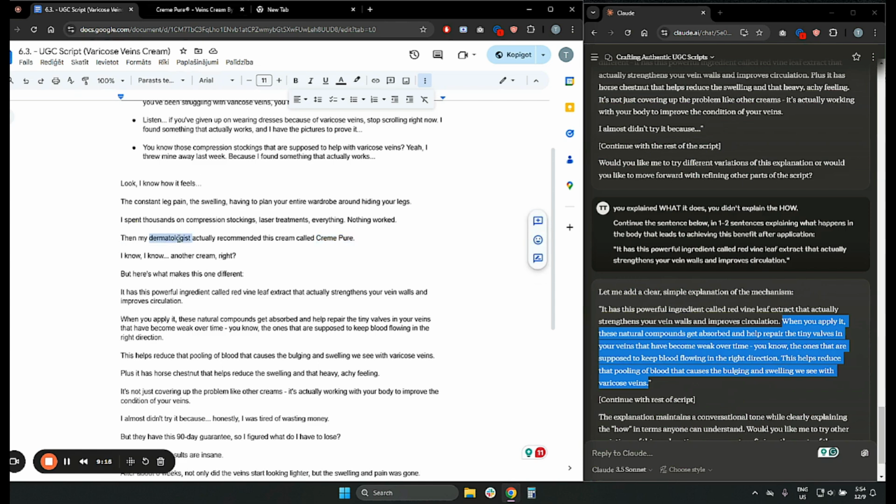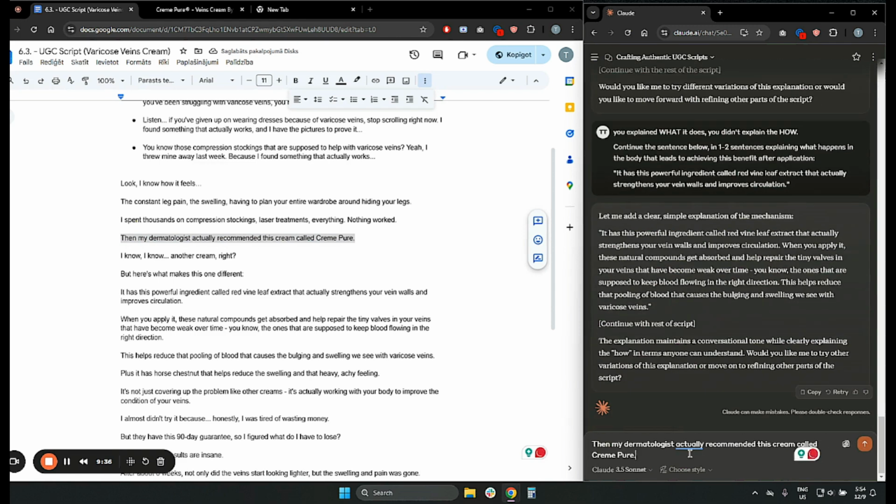So I would change this to something like, then my best friend actually recommended this cream called Cream Pure. You can change this to friend, but add some credibility to it. Like my friend that is the same age but looks 10 years younger than me.